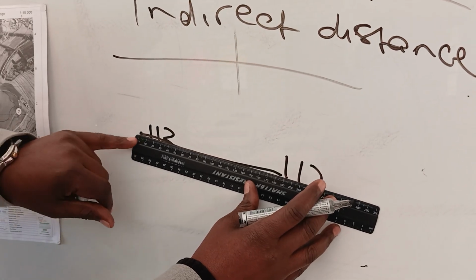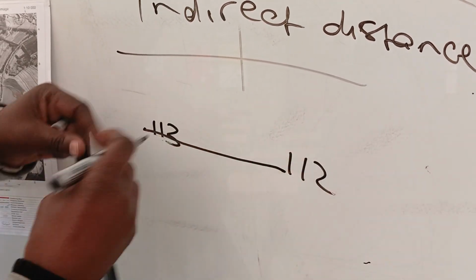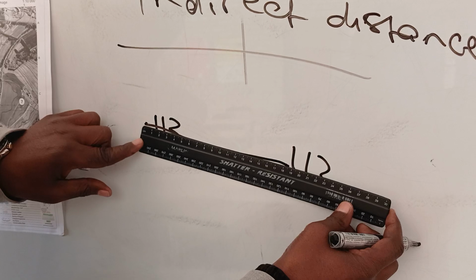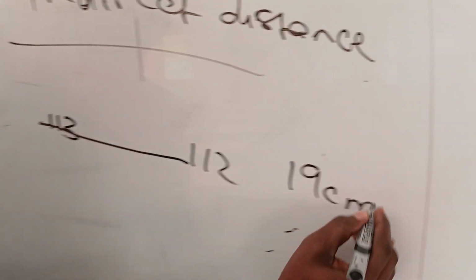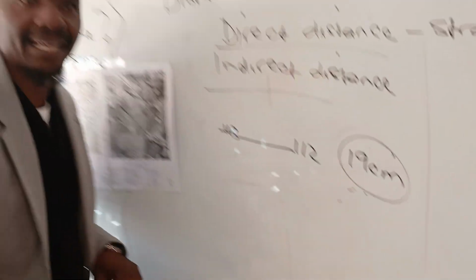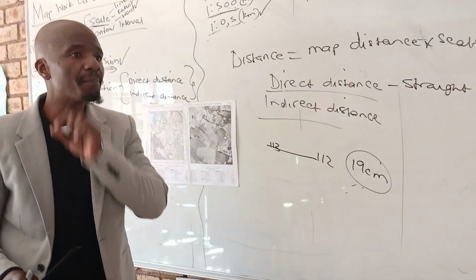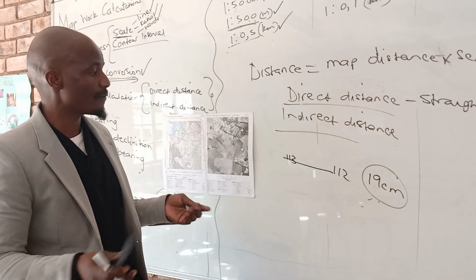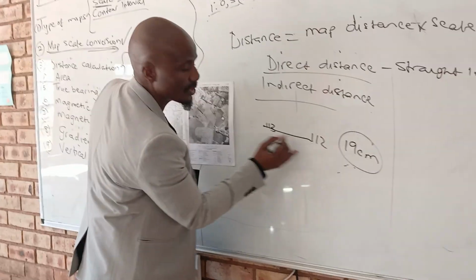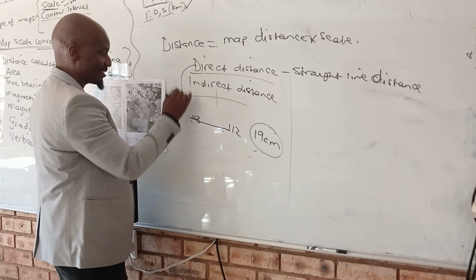In this instance, from here up to there, which is about more or less 19 centimeters. So here, I'm measuring a straight line distance between 2 given points. But I'm assuming that you are doing this on your map because obviously that's where you're going to do it. So this is a direct distance between these 2 points.